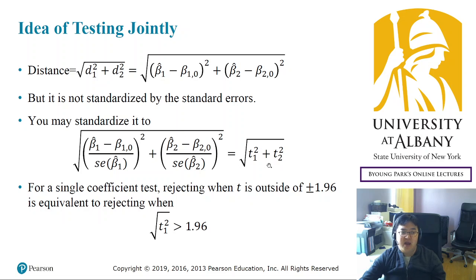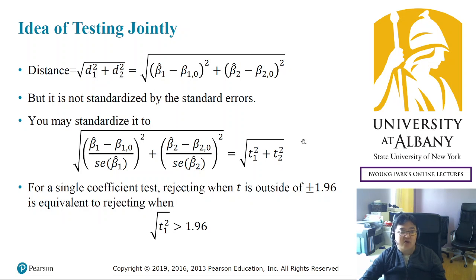So you may consider this kind of measure, T1 squared plus T2 squared. So T1 and T2 are combined as one distance. It makes more sense statistically than a distance without considering standard errors.